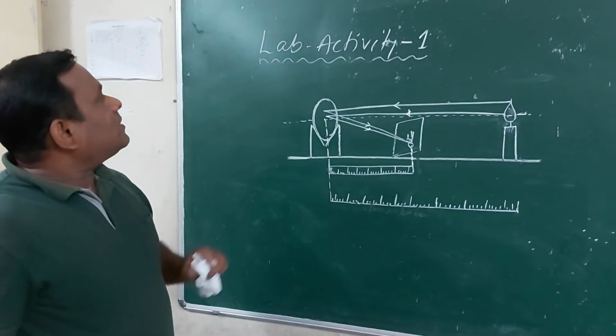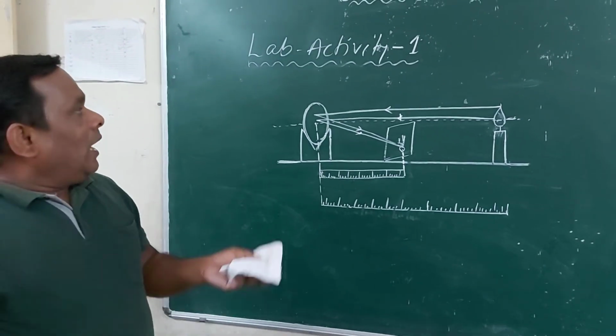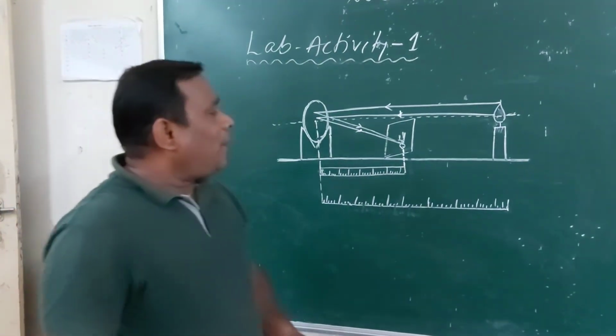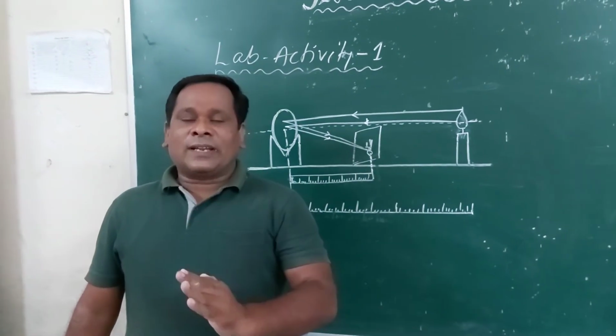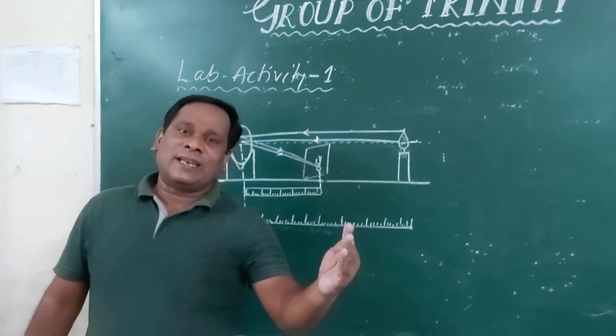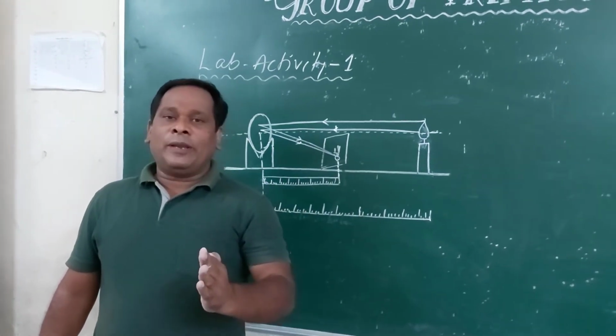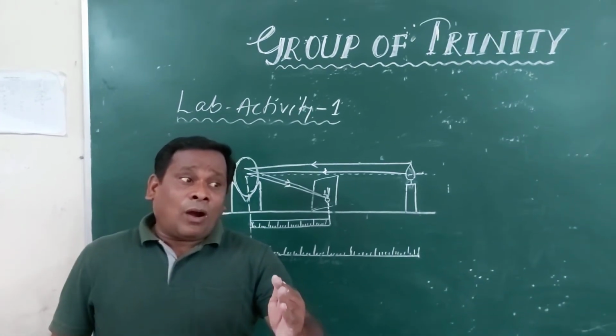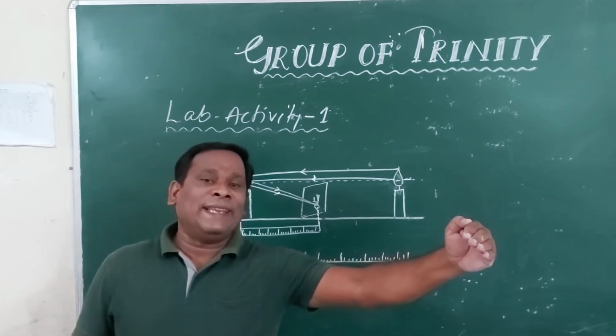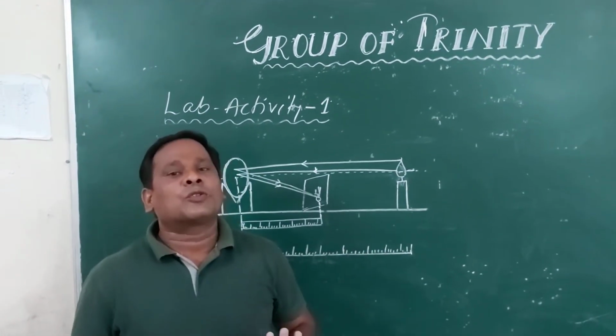So this is the lab activity, and with the help of the lab activity you can easily decide the object distance, the image distance, the position of the image and the position of the object. When the position of the object changes, the image position also changes, right?